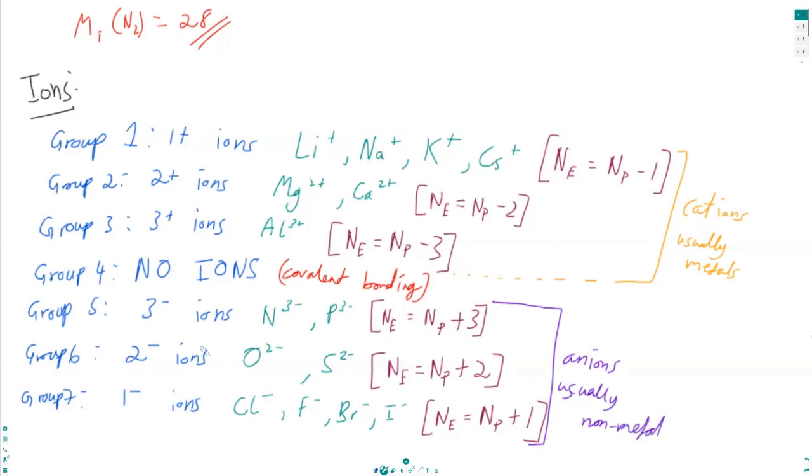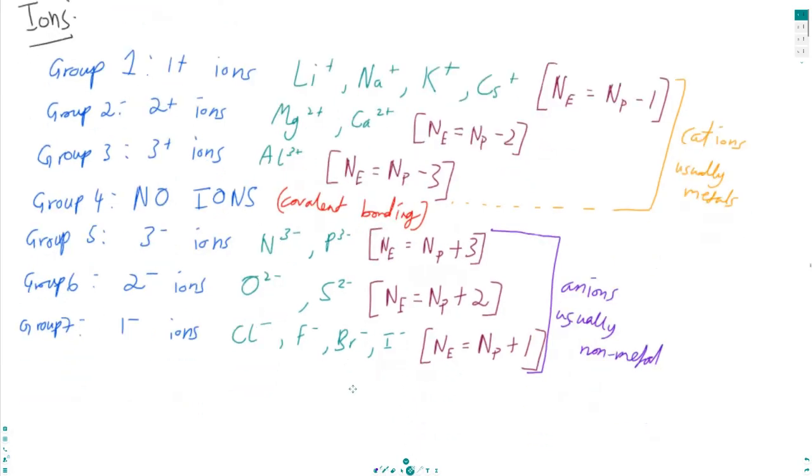Using this sketch or diagram that I've used, we can start to predict the ionic formula for certain compounds when some of these elements mix together.